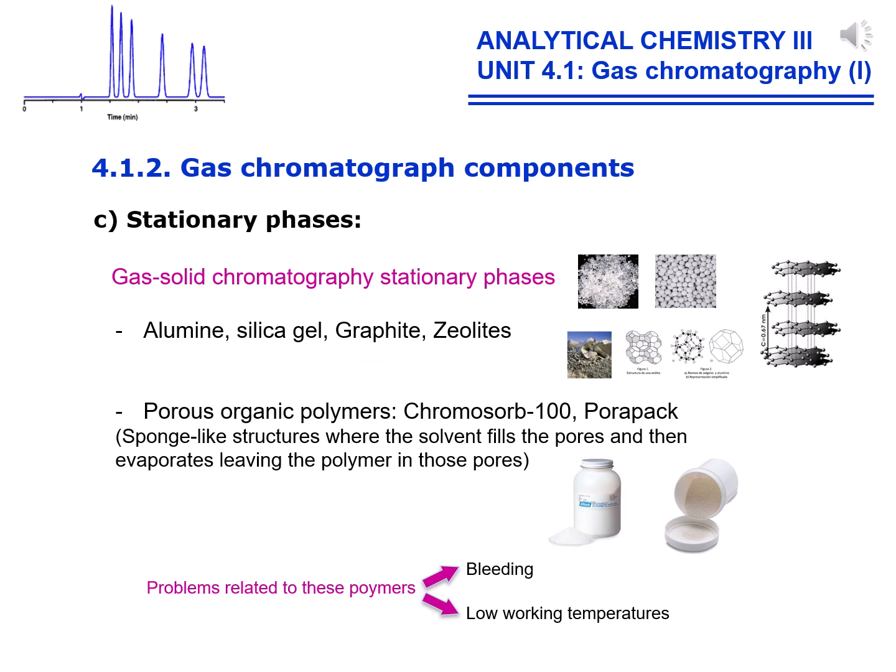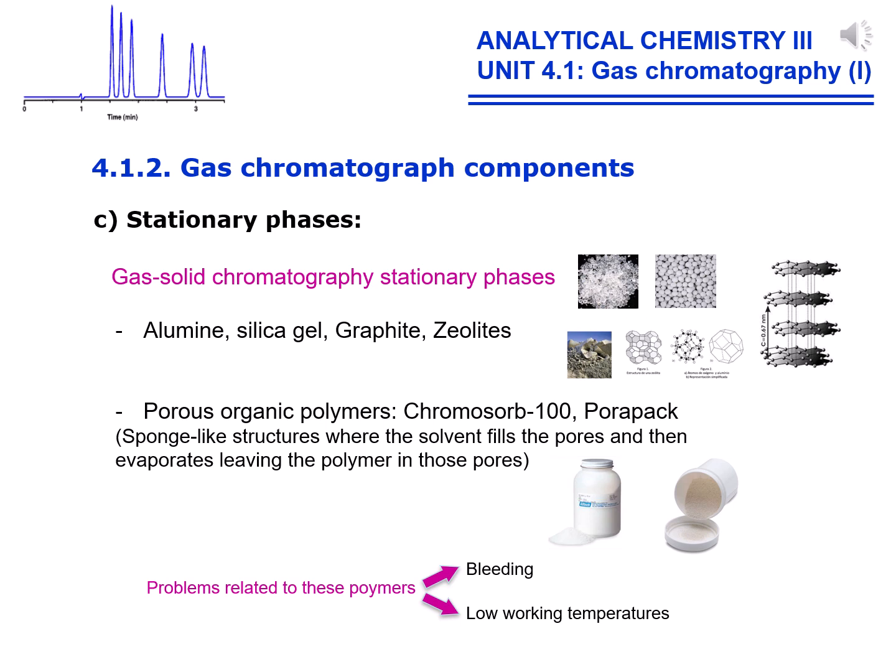We will present in the next slides some of the most used solid and liquid stationary phases for gas chromatography. In gas-solid chromatography, silica gel, alumina, graphite, and molecular sieves, zeolites, are generally employed. Another group of adsorbents is formed by porous organic polymers.